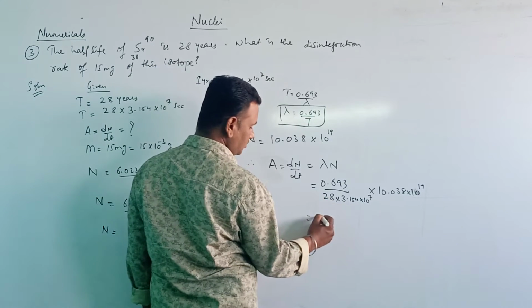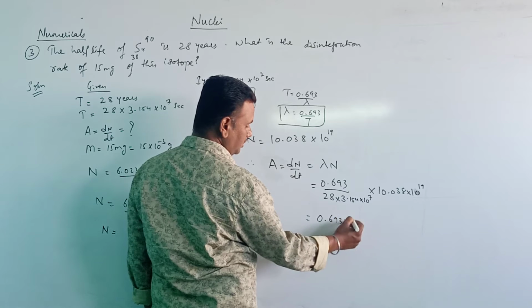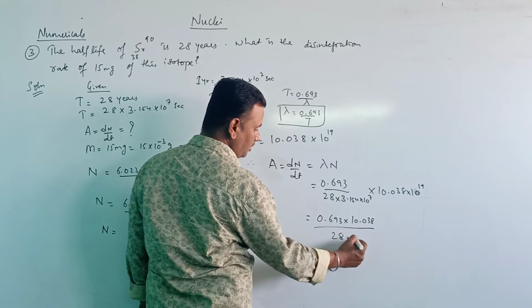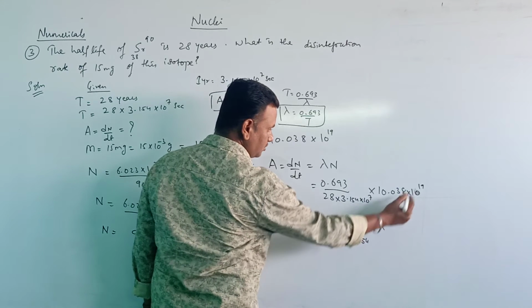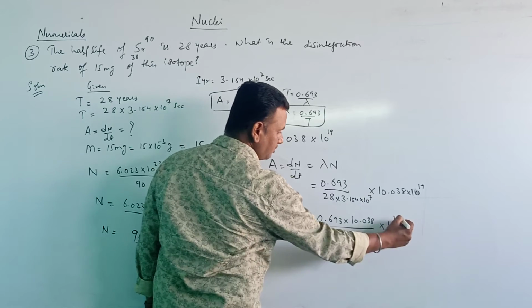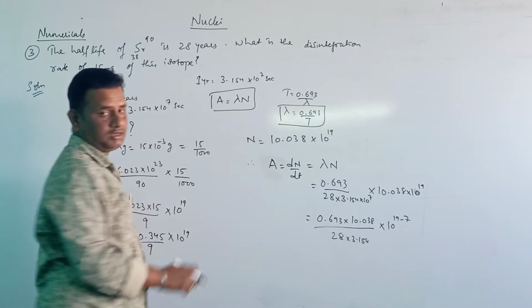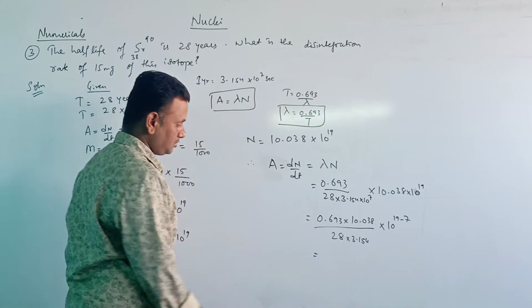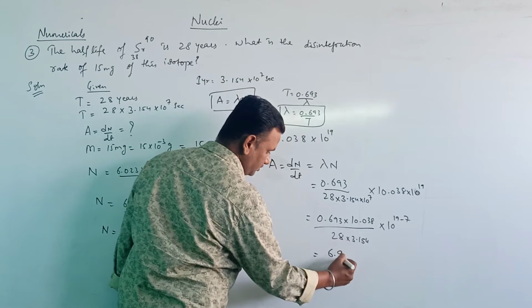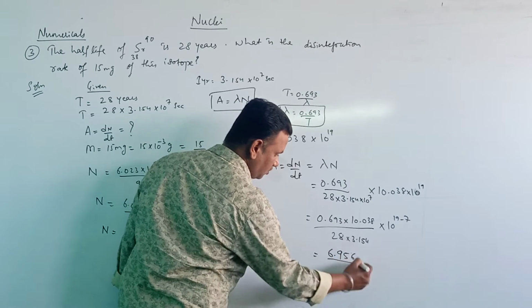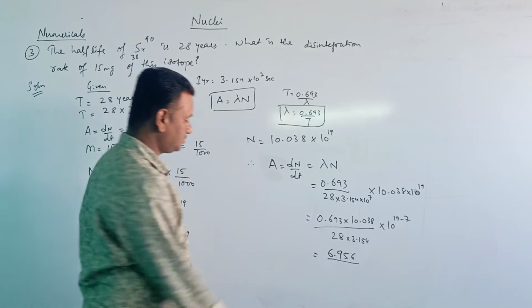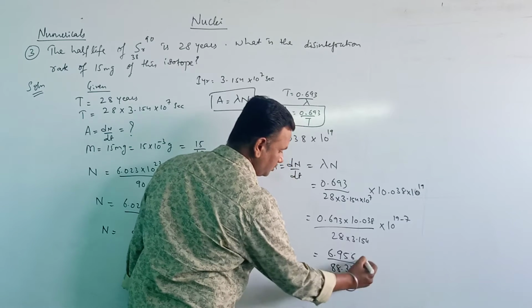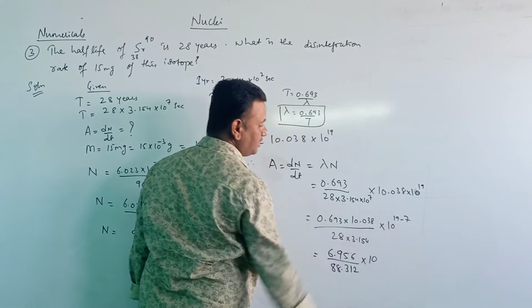Now 0.693 into 10.038 is 6.956, divided by 28 into 3.154, which is 88.312, into 10 to the power of 19 minus 7.